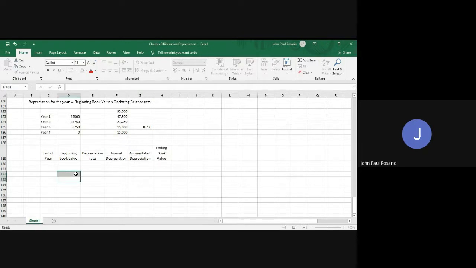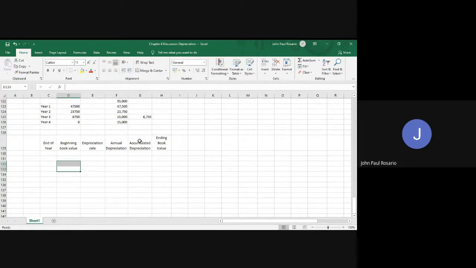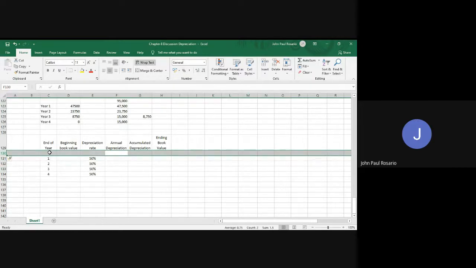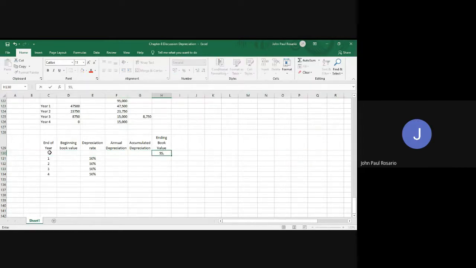Okay. With this, let's start building up our schedule. So 1, 2, 3, 4, and then our depreciation rate is 50%. Okay. And then I forgot to add another line, so that's 95,000.